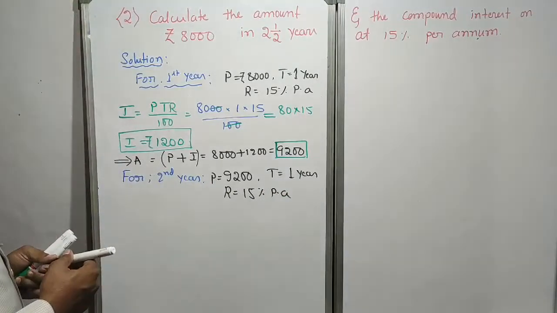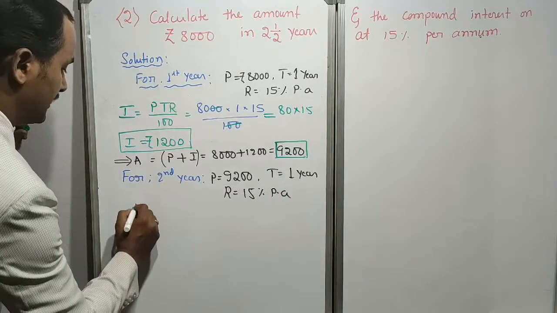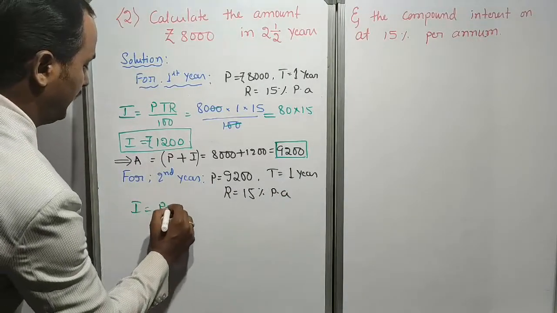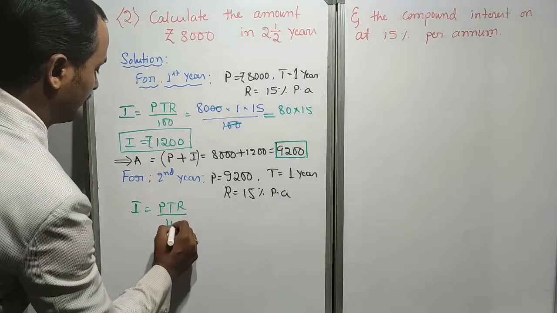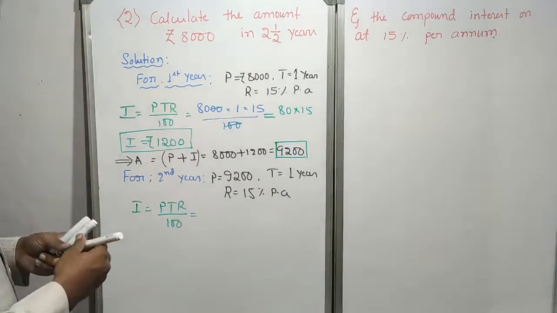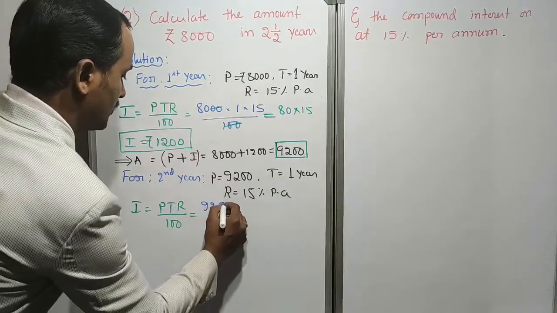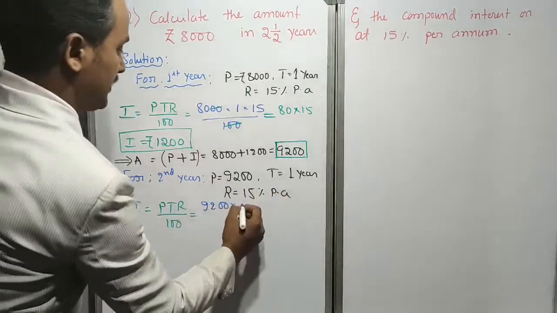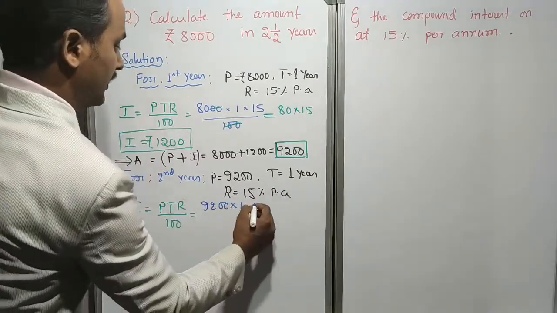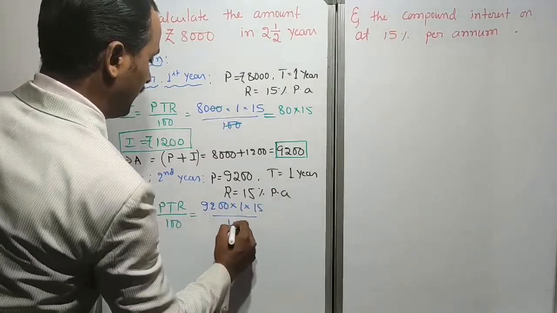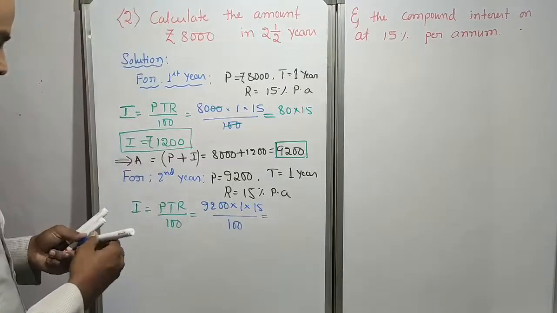What next step? Formula, interest is equal to PTR divided by 100. Principal amount is 9,200 into time 1 year into rate of interest 15 divided by 100. What is next step, dear children?